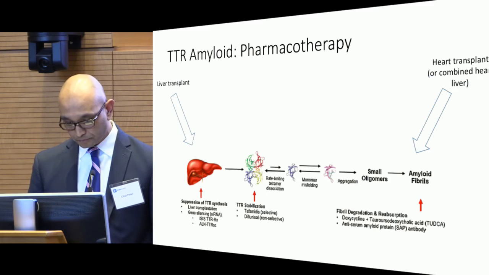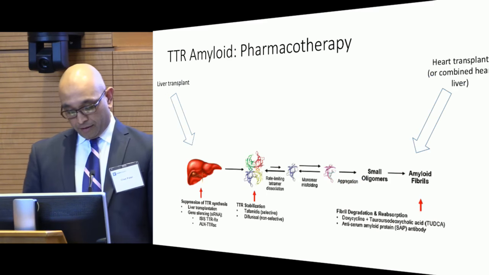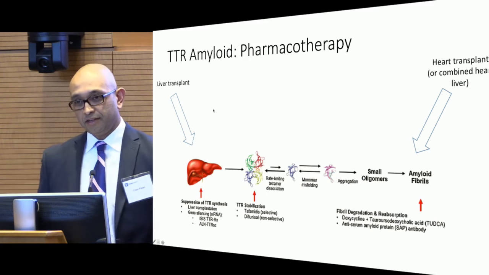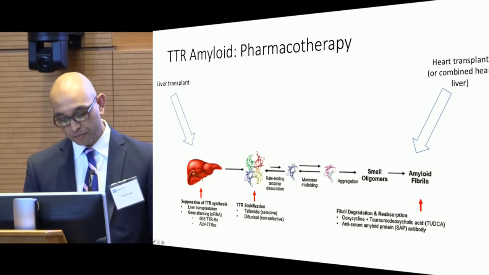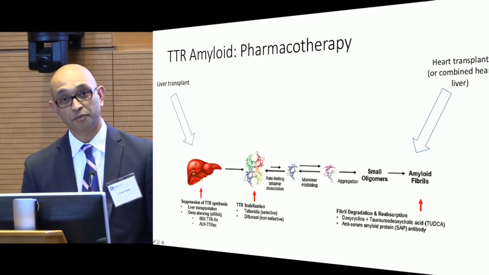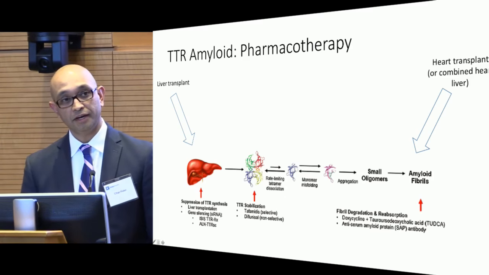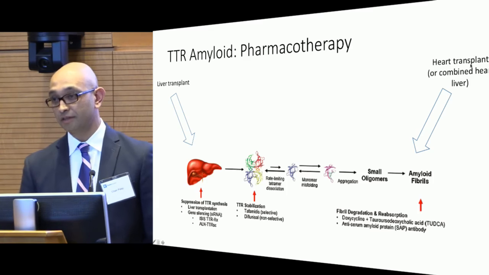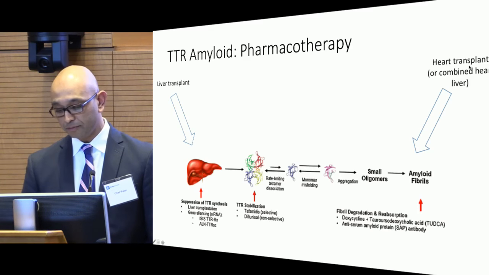So liver transplantation, although an option, does have its limitations, of course, not including the availability of organs. So what's really exciting about this is that so far what I've told you are two therapies at the end of a spectrum. Source control by removing the liver and replacing it with a liver that does not produce a mutant protein, or heart transplantation by replacing an organ, the involvement of which limits survival.